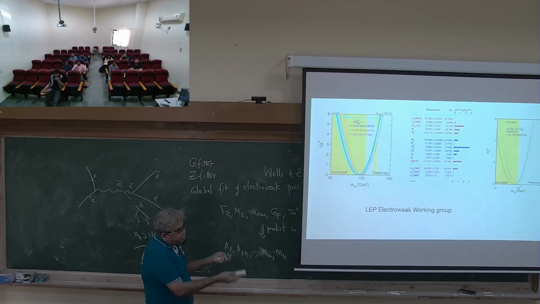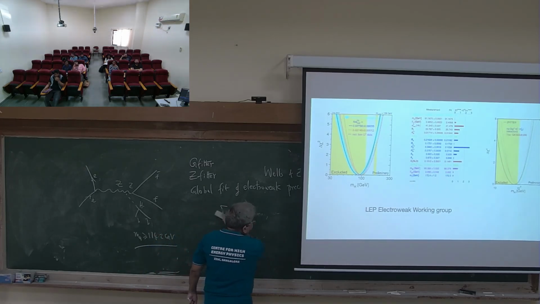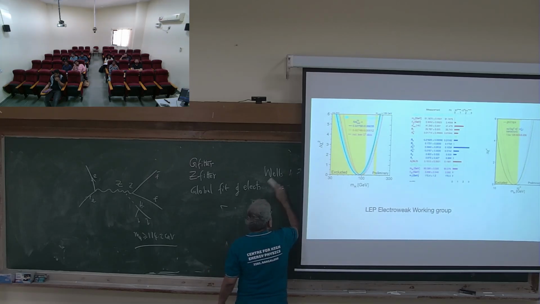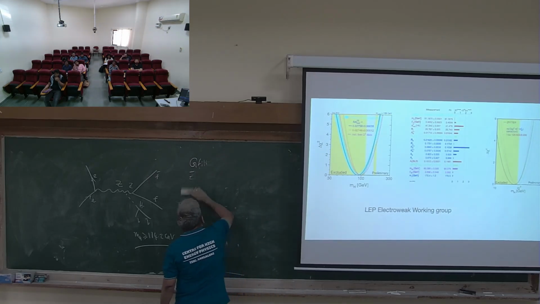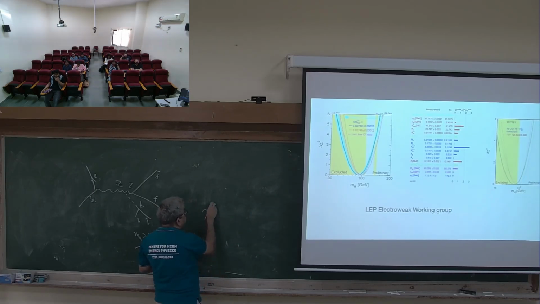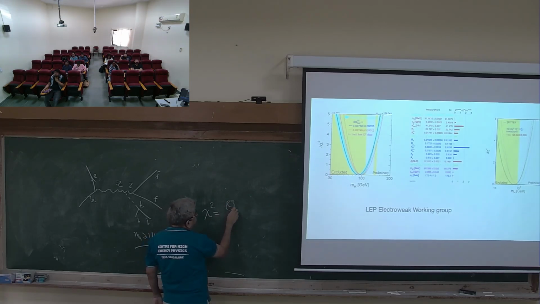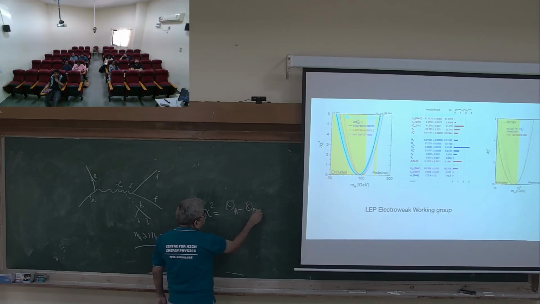Say for example, there are 15 observables. So chi-square is defined as observable theory minus observable experiment, by sigma.